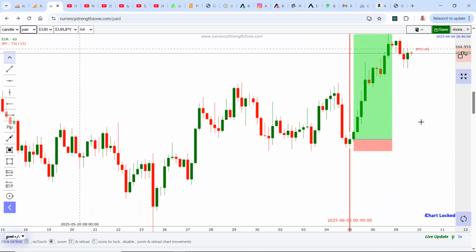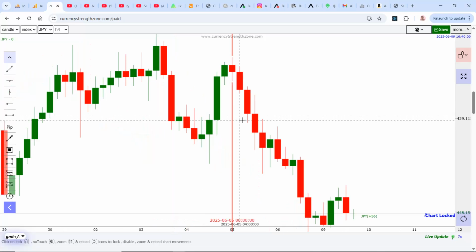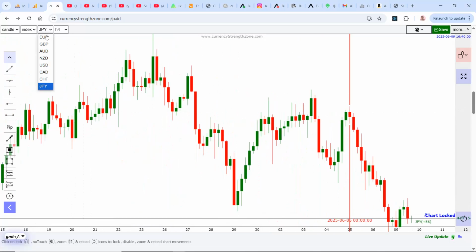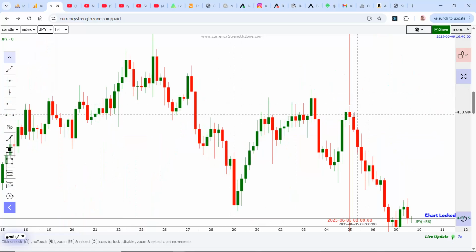Then the Euro index has to have a buy setup, and the Japanese yen has to have a sell setup. Let's see. Okay, Japanese yen has to have a sell setup.